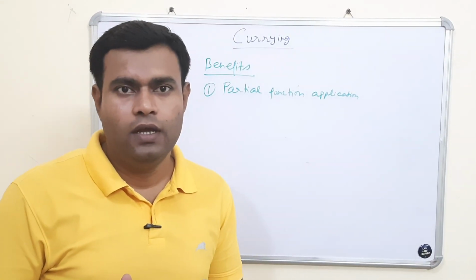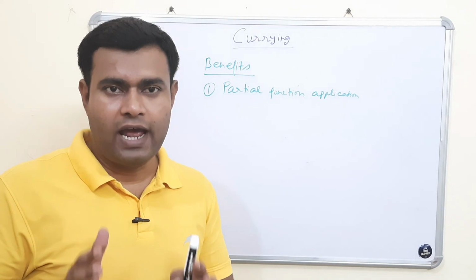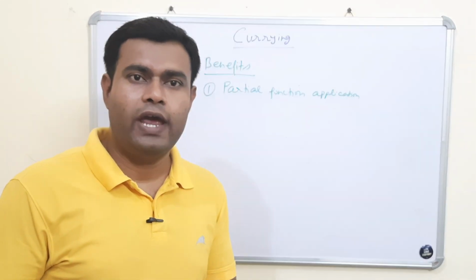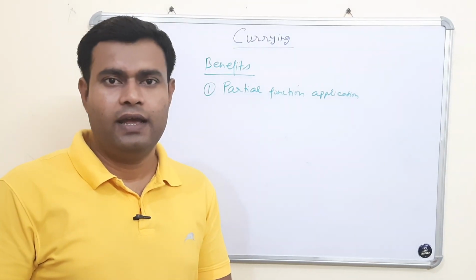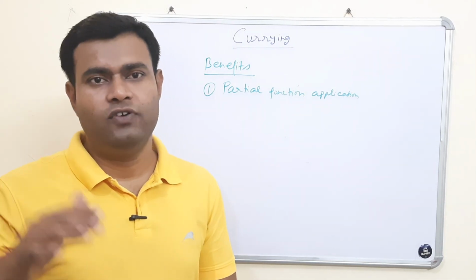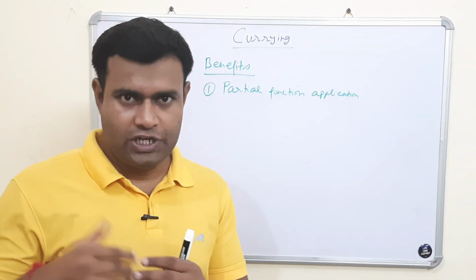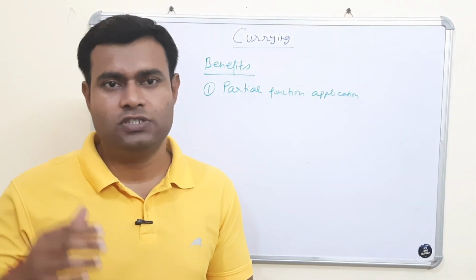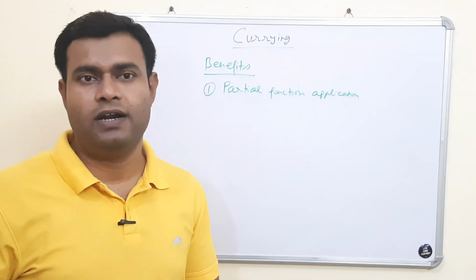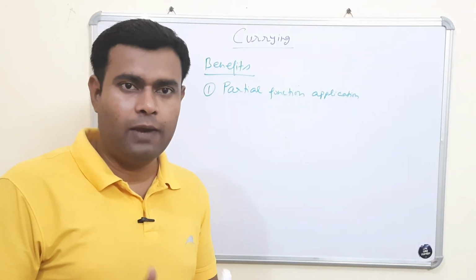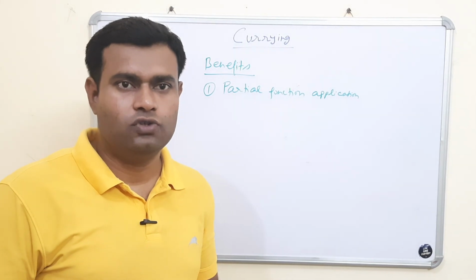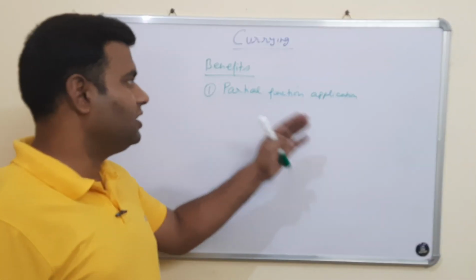In this way, whatever arguments you have access to right now, you apply to that function and fix those variables, and whatever variable is not present right now but will be present in the future can be applied in a future stage. So this is the concept of partial function application.